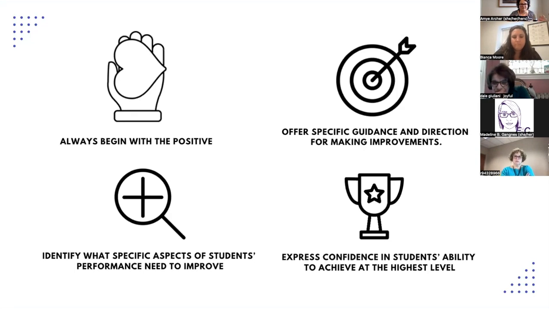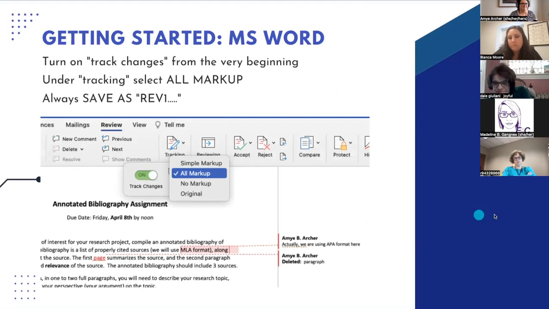So the note that I left him at the end of the paper was, if you could find a way to take control of the grammar mechanics, either by finding an editor or going to the Writing Center in some way, you have a really strong voice here that can come through if we let it. So I couched that criticism in something positive. And I think he was receptive because he came up to me after class and asked me about it. That's a sign that he was pretty receptive to it.